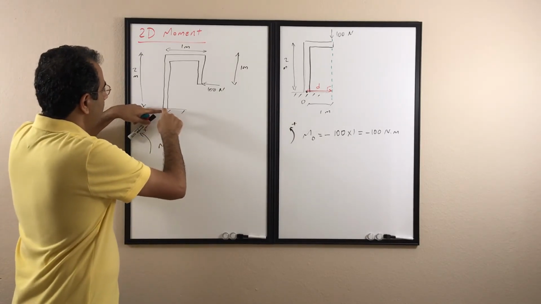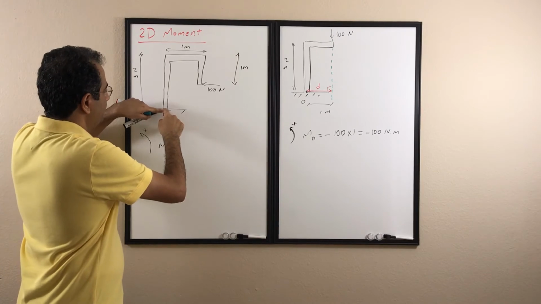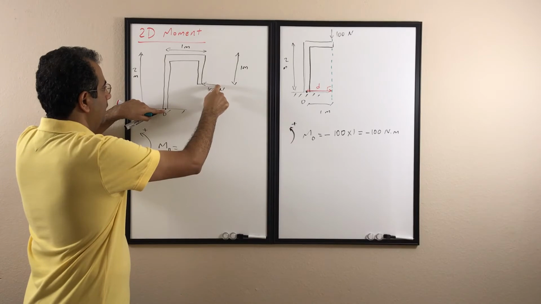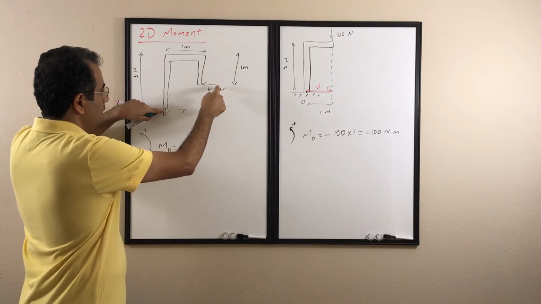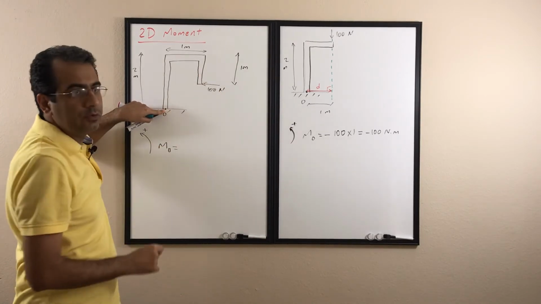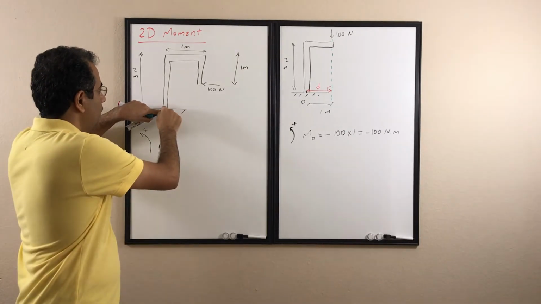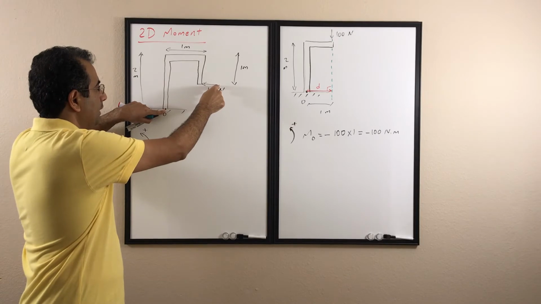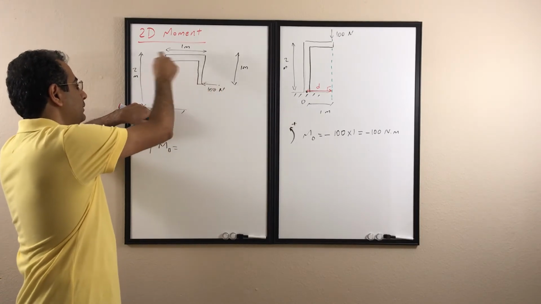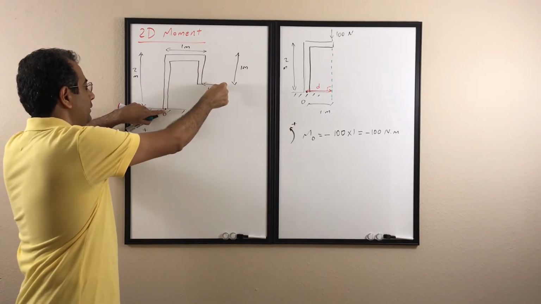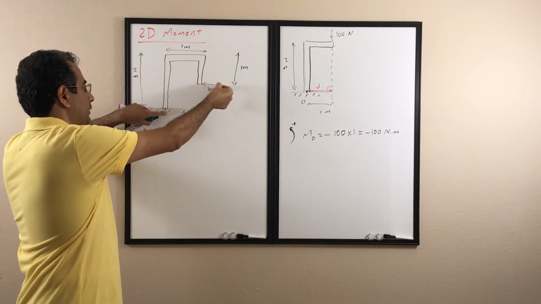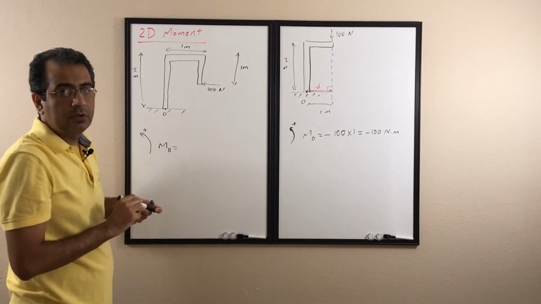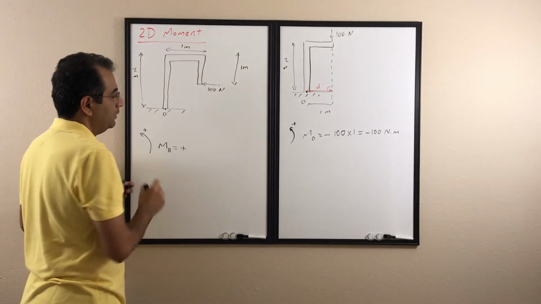Again, I assume I connect a rope from O to the force, let it be fixed at O, and see which direction the force is going to rotate that rope. The force tends to rotate it in this direction, so it's going to be counterclockwise. Because of that, it's going to be positive.